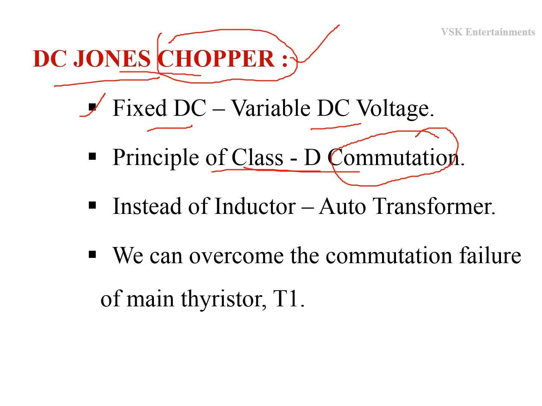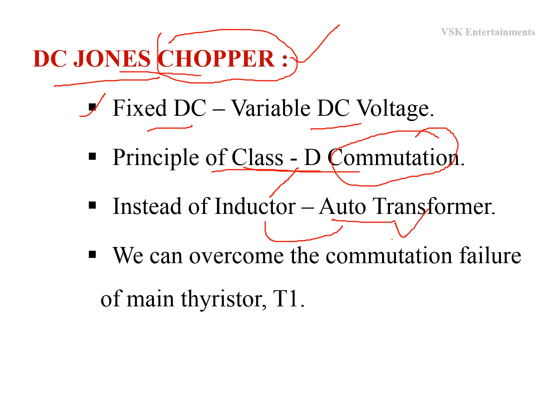In this Jones chopper we are going to use an auto transformer instead of an inductor. In class D commutation we use an inductor, but in the Jones chopper we use an auto transformer.